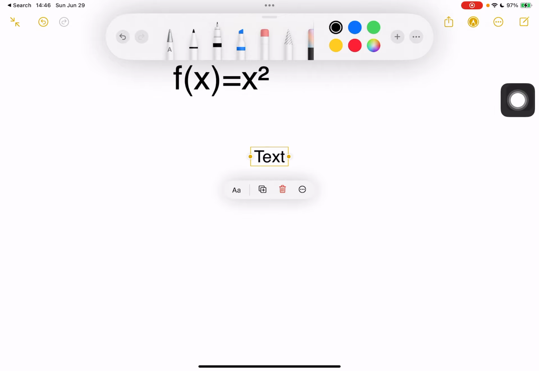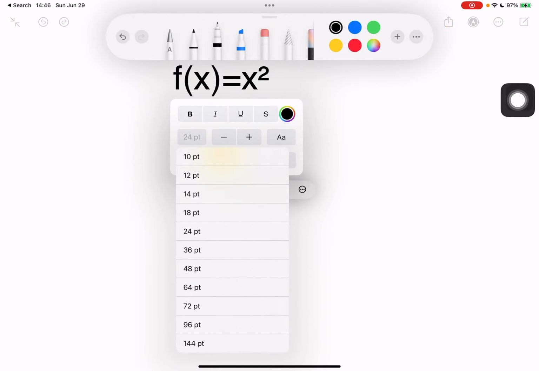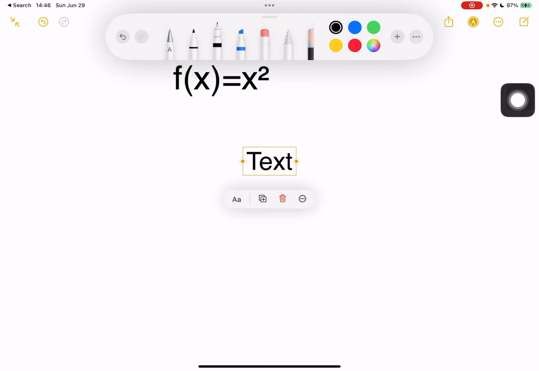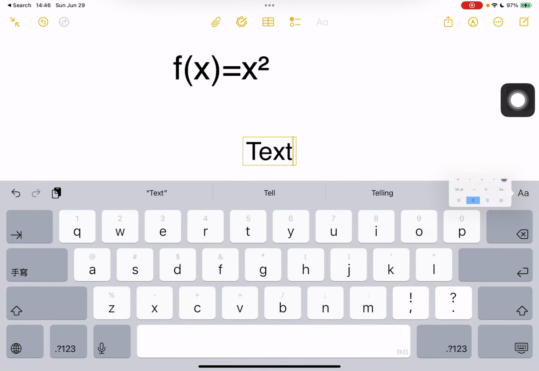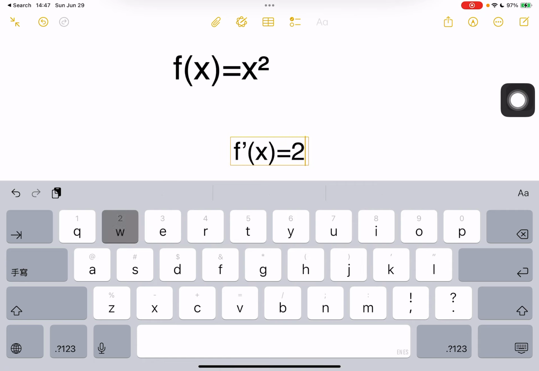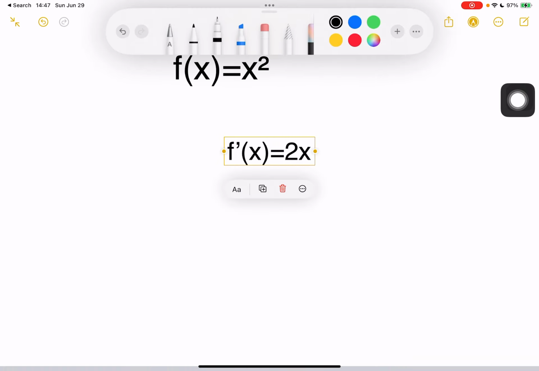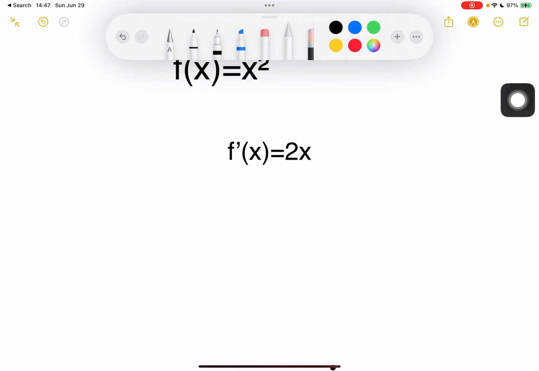So the answer will be f prime x equals 2x. You want to learn how?